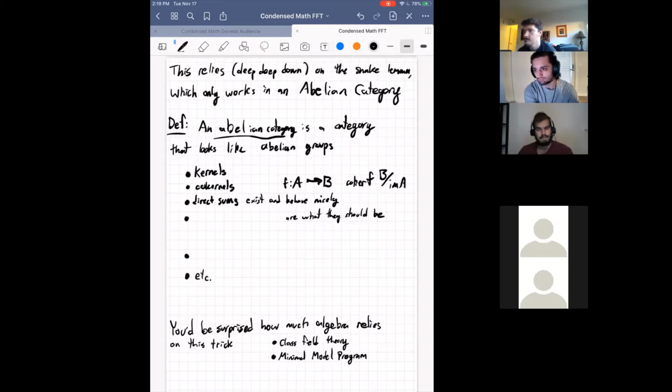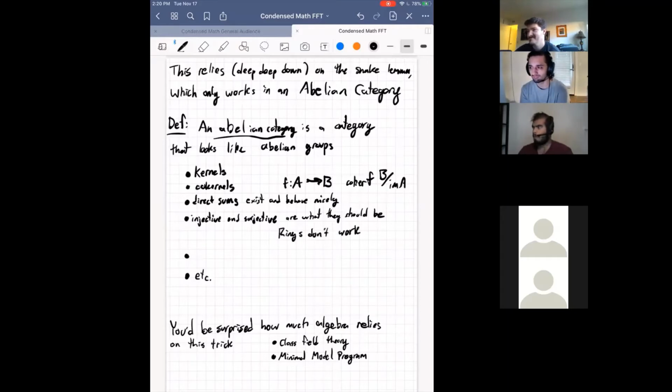What else do you need? You need injective and surjective maps to be exactly what they should be. So rings don't work here.